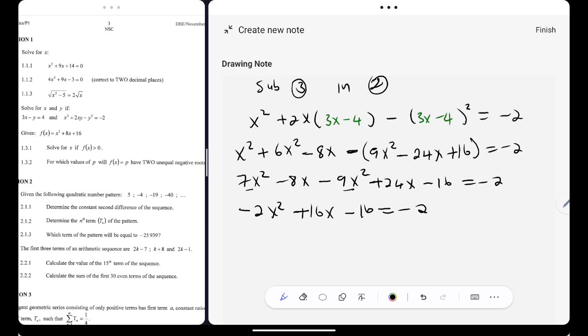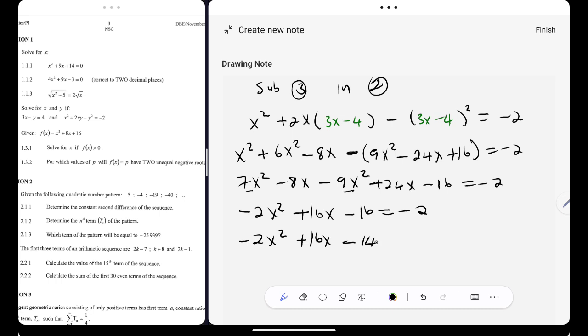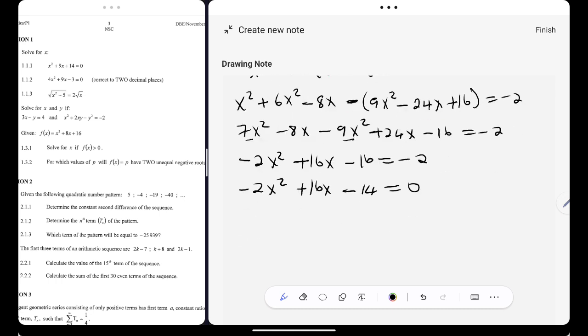Then I must bring my equation to be in standard form. I'll have negative 2x squared plus 16x minus 14 is 0. I can divide everything by negative 2 here. I'll have a positive x squared minus 8x plus 7 is equal to 0.